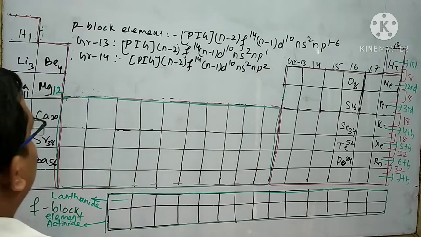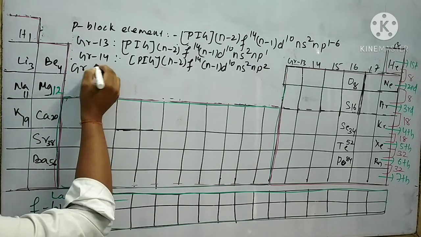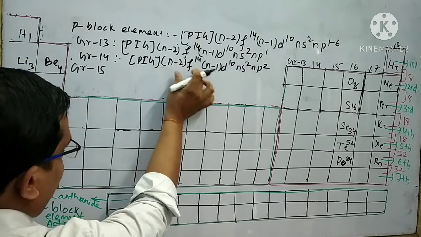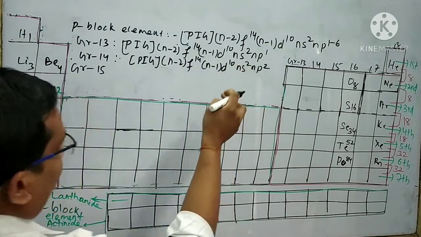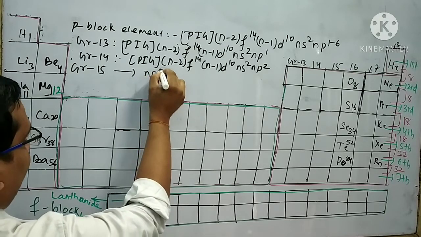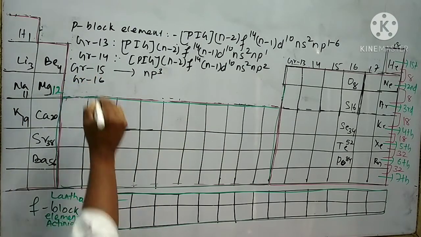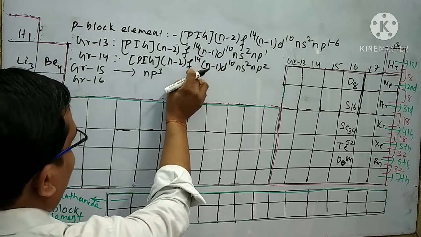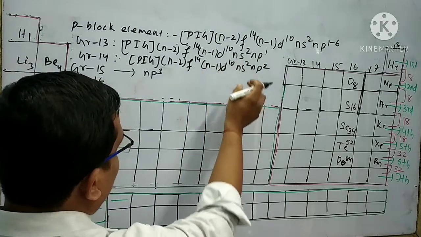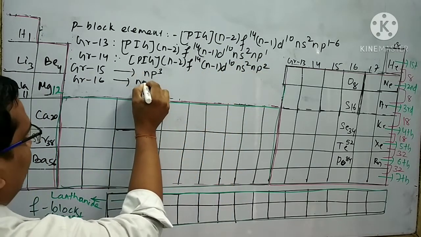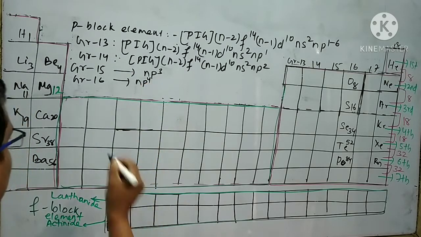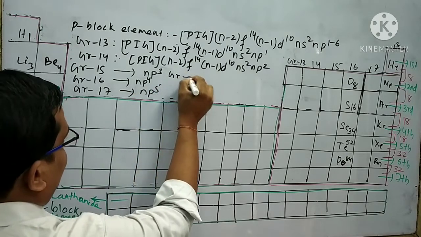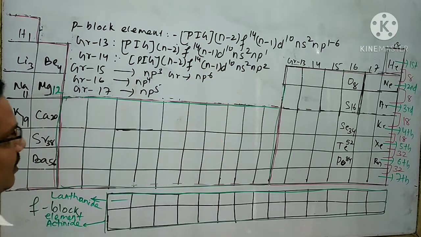Like group 13 and 14, for group 15 it is previous inert gas (n-2)f14 (n-1)d10 ns2 np3. For group 16, it is ns2 np4. Like that, you can also think for group 17, np5, and group 18, np6.